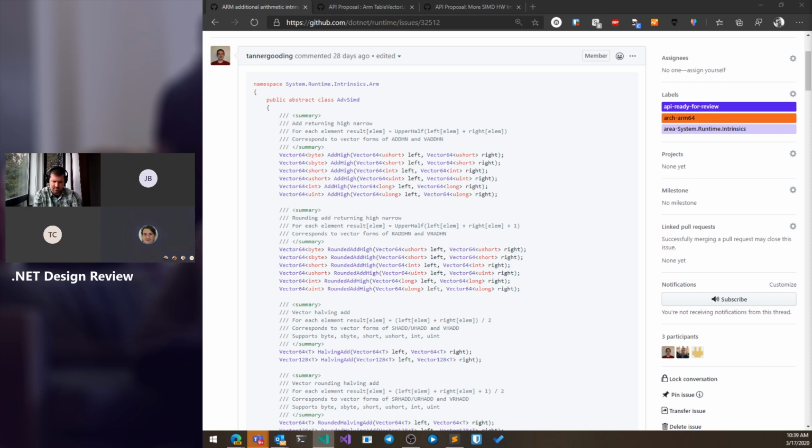Yeah, and Tamar would be right. The instruction encoding takes a vector 128, and then the encoding specifies whether or not you're working on the lower or upper half.